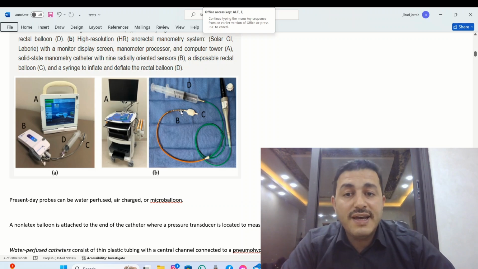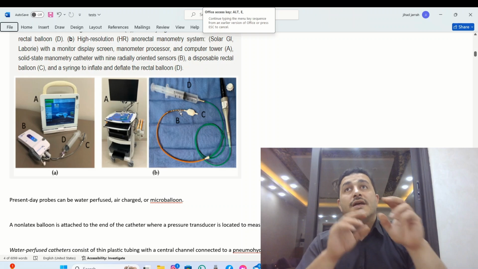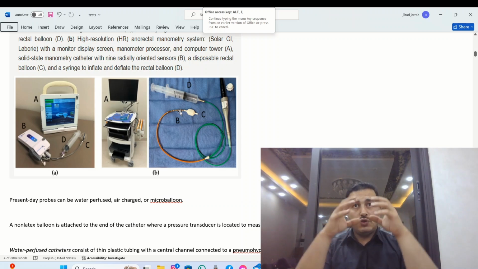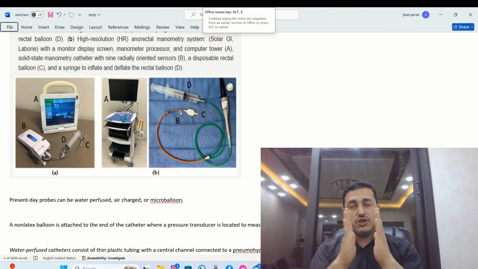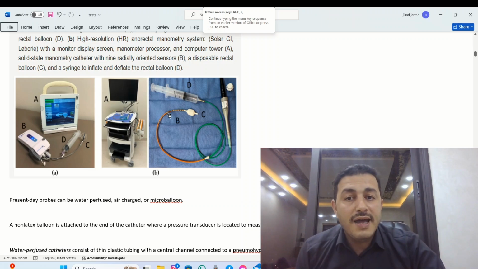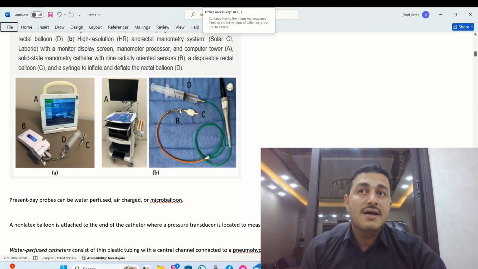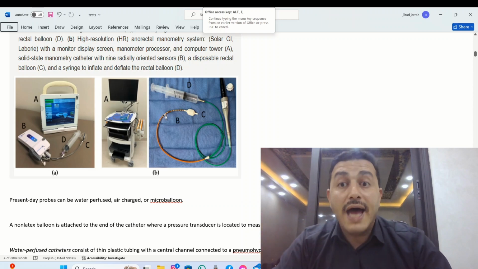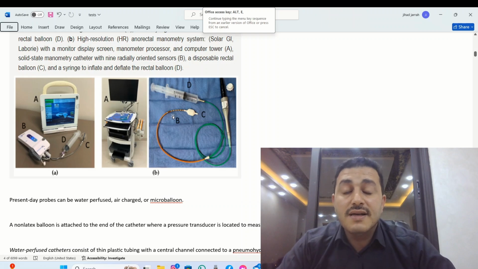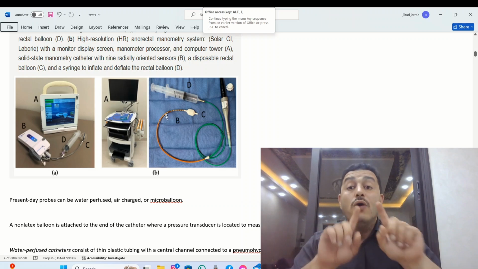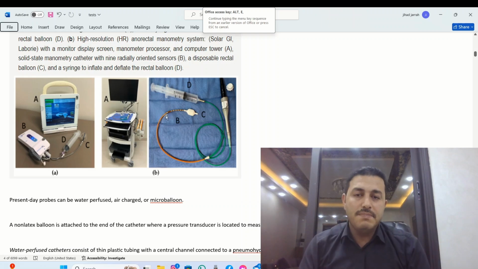What we have in the anal canal are sensors, and when we inflate the rectal tube, or distend the rectum, there will be a change in the anal canal pressure, and this will be sensed by these sensors and reflected on a monitor. Okay, the number of these sensors and how they are oriented is important.